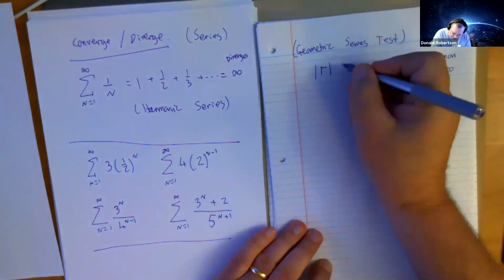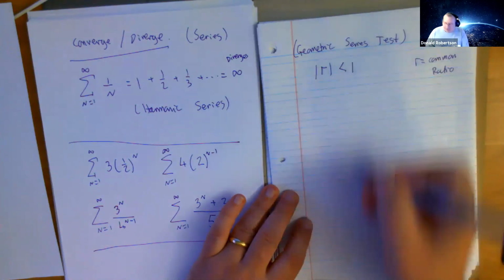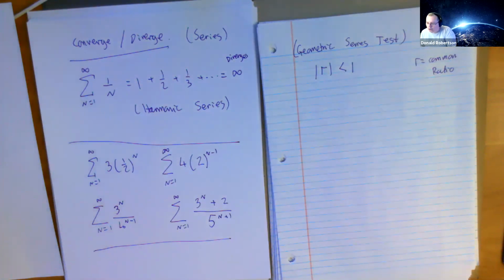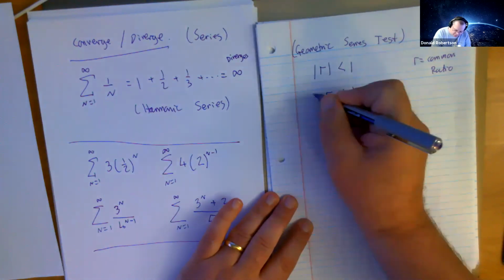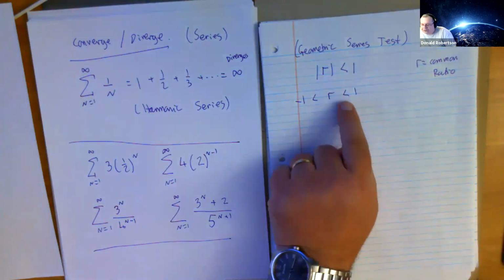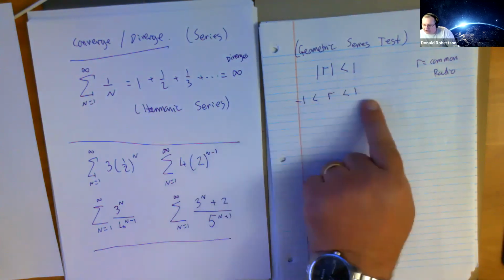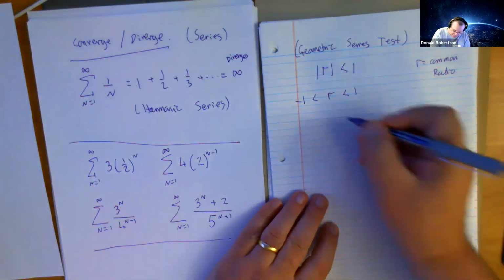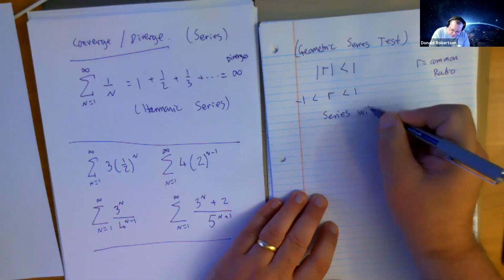And if this guy is technically less than 1, not equal to, but less than 1. So if I write it out in all its majesty, it's that one. Do you see that it's almost the same as the geometric sequence, but 1 is not allowed now? If the R value is in this range, the series will converge.